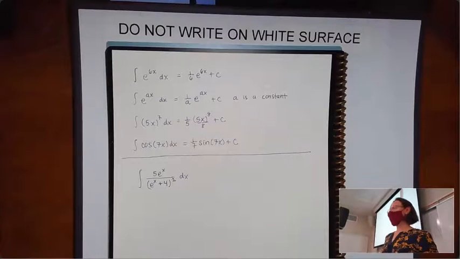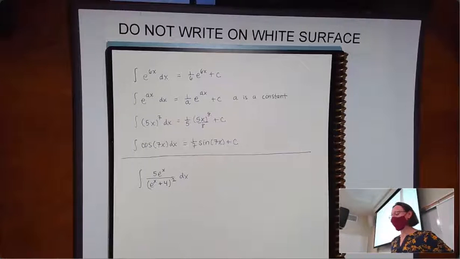Well, it looks gross. I've got 5e to the x divided by the quantity e to the x plus 4, that thing squared dx. Yeah, it definitely looks gross.